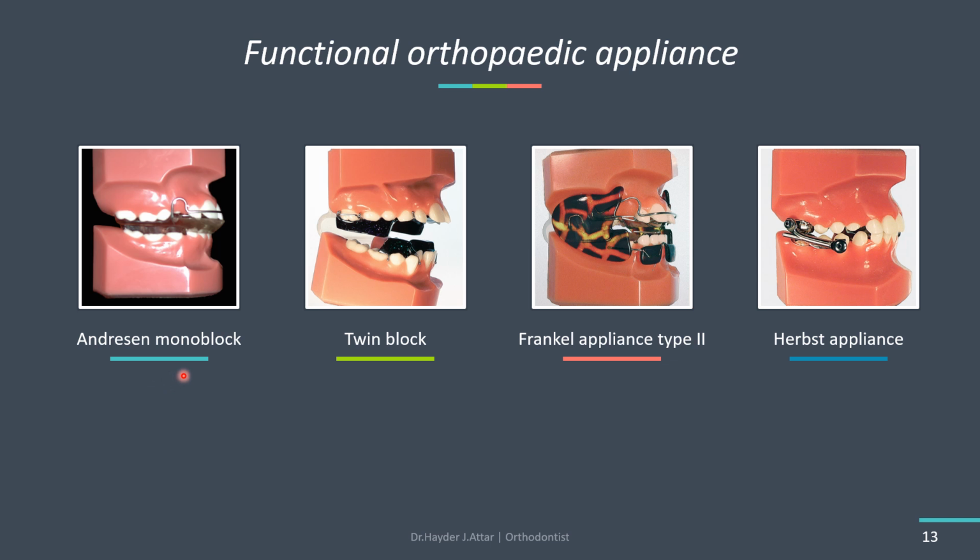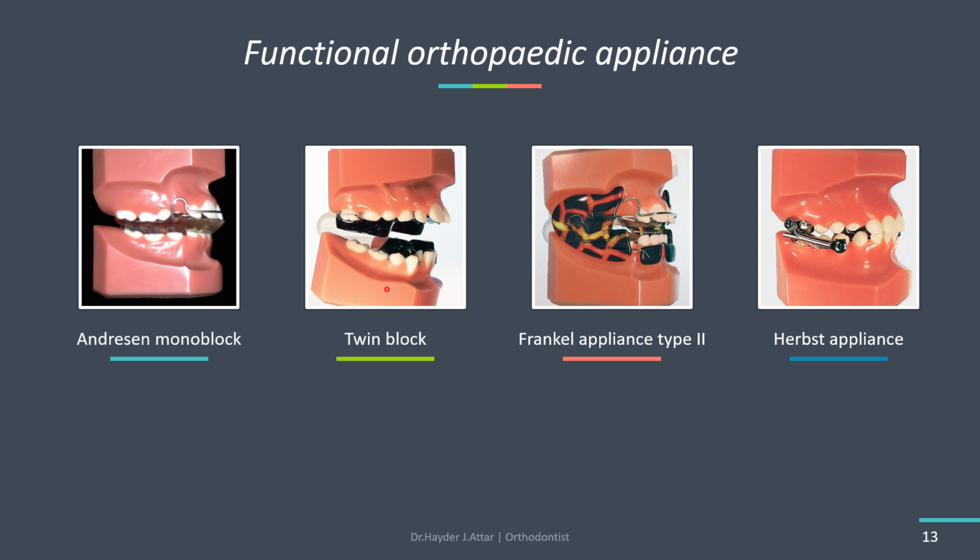The Andresen monoblock and twin block have the same effect on the growth of the mandible, and they are called functional activators. These activators put the mandible forward, and the twin block has an advantage over the monoblock, as it is more adjustable and easy and comfortable for the patient.